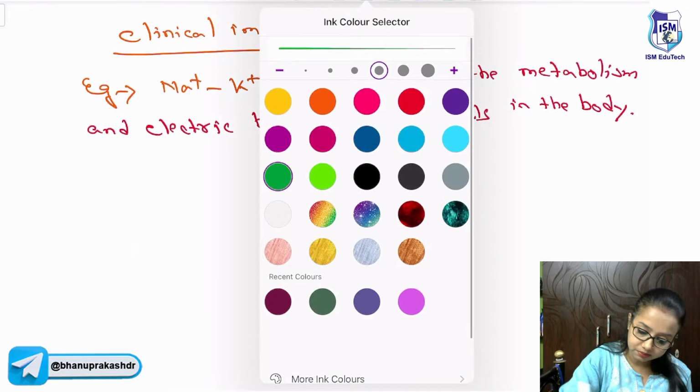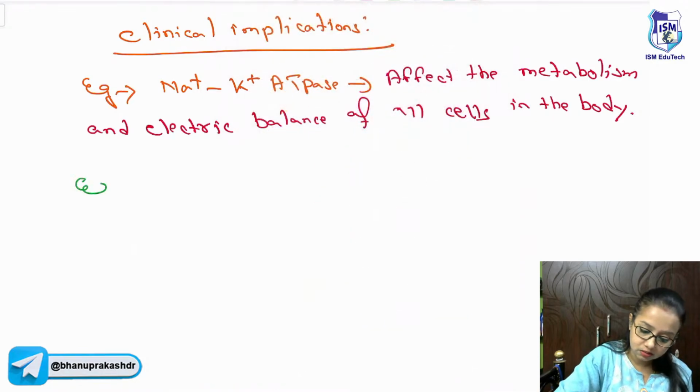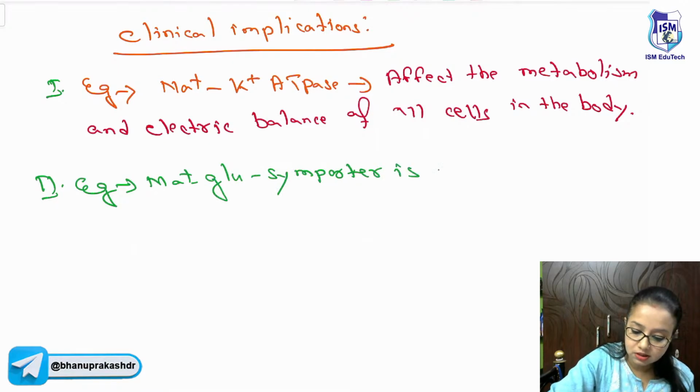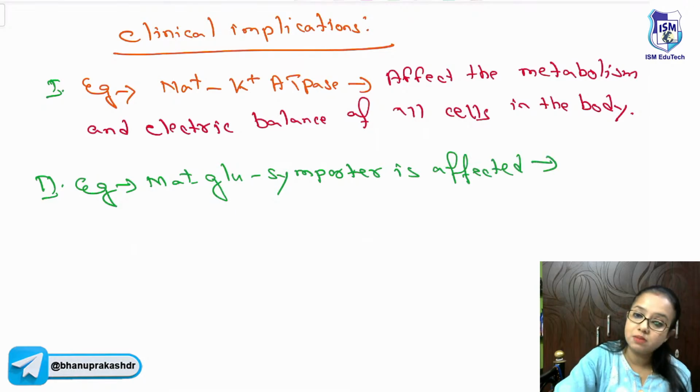Second example, see, this is the first example, this is the second example. Say the sodium glucose symporter is affected or mutated. Then what will happen?